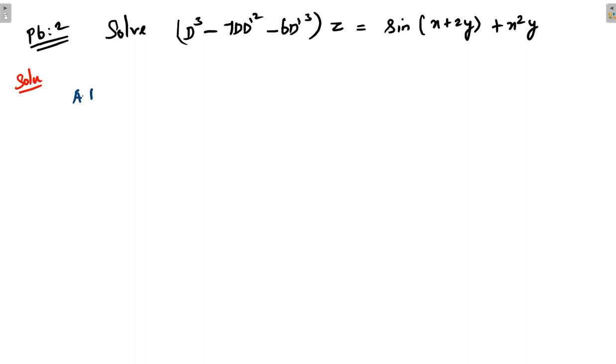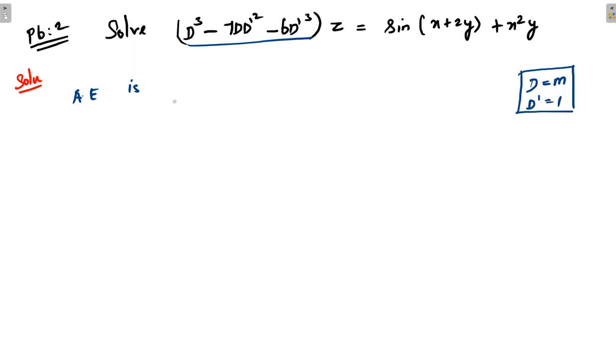The auxiliary equation is, by using this term I am going to write directly. So instead of d I am going to substitute m, instead of d dash I am going to substitute 1.